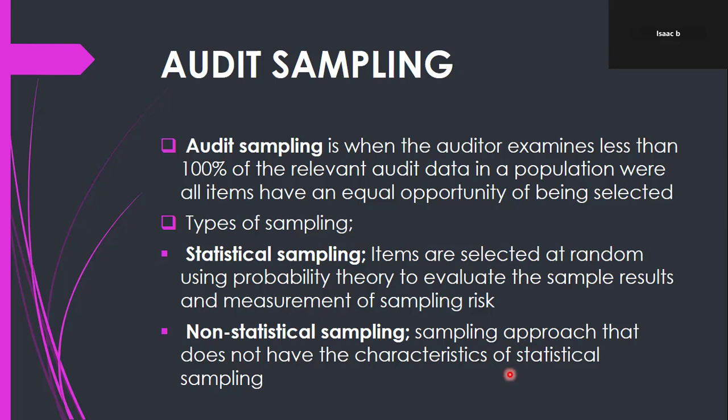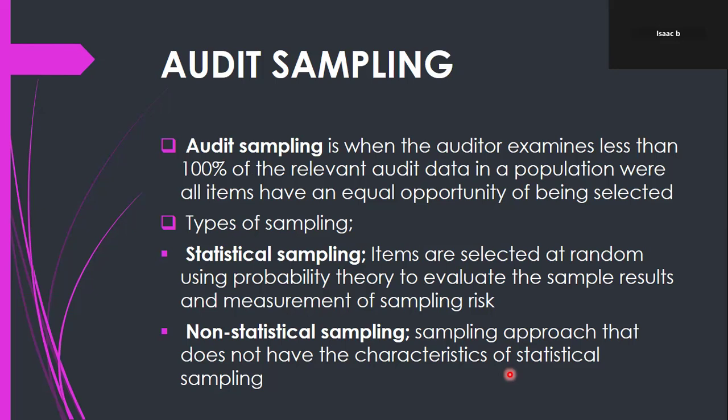Maybe with the coming in of computer assisted auditing techniques, a large sample of information is tested. But in actual sense, auditors carry out audit sampling. They just get a portion of the information in the financial statements, then they apply their procedures and tests on that particular sample.